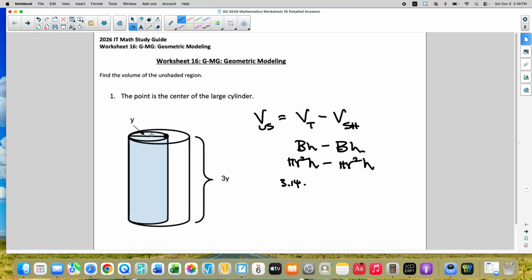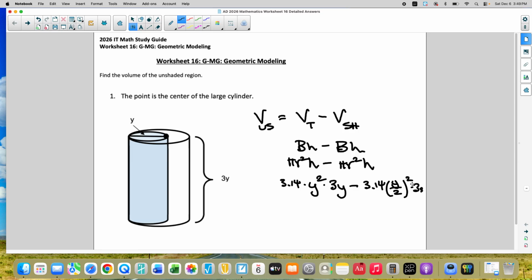Now, the radius of the total is going to be y, so y squared times the height, which is 3y, minus pi, which is 3.14. Now, the radius of the shaded, if this is y, is going to be half of y, quantity squared, times the height, which is still 3y.